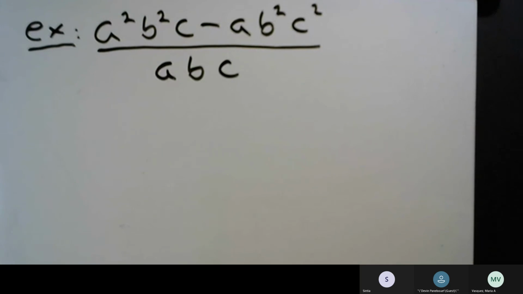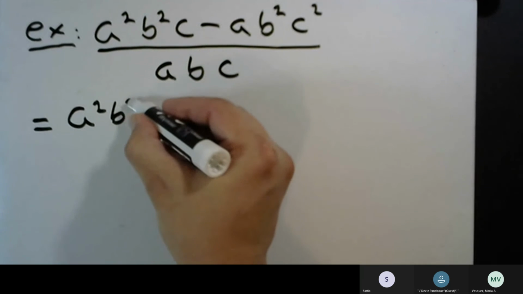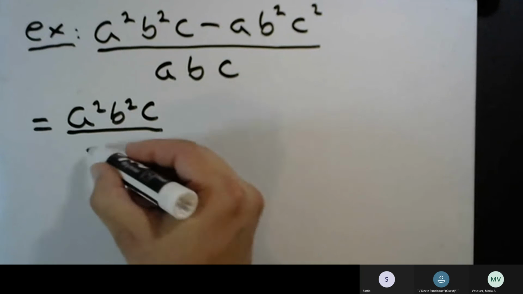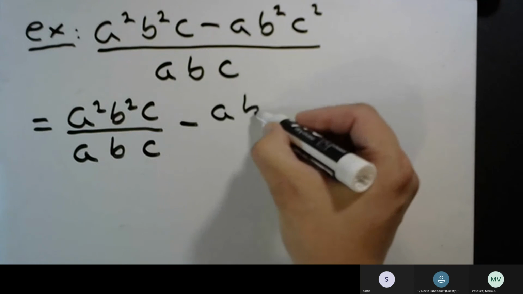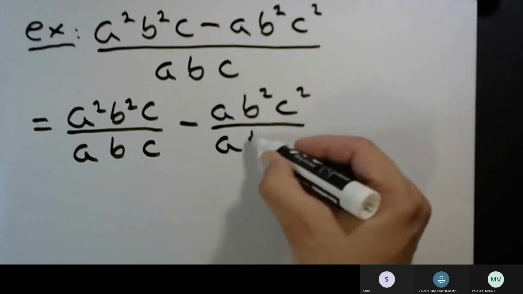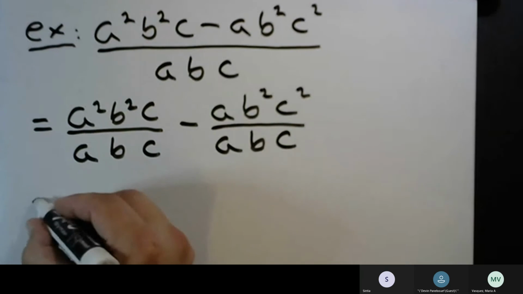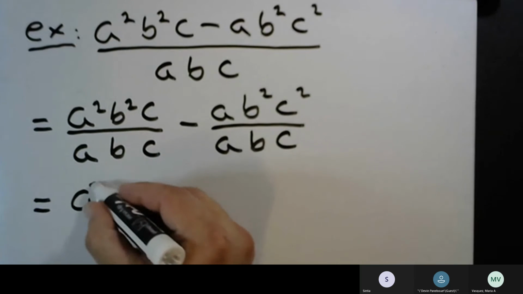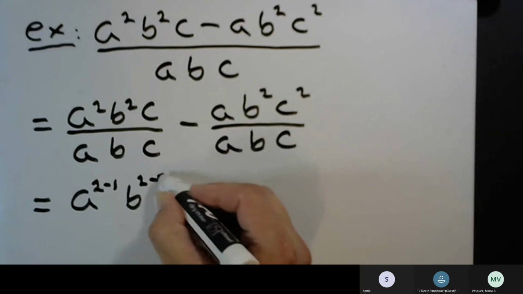So let's say we have something like this. Well, again, we're going to break it up. Each of the top terms gets the bottom term as a denominator. So if we simplify, we'll get a squared minus 1, or b to the second minus 1.